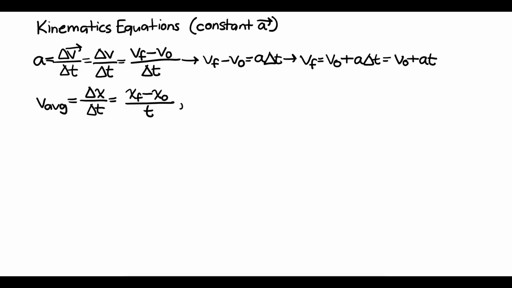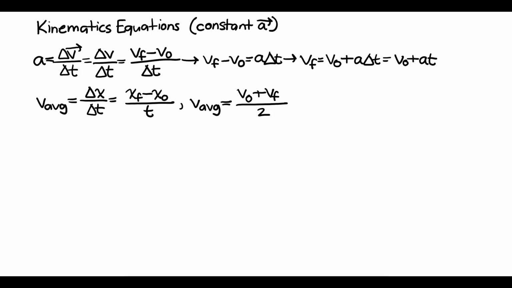Now, because the acceleration is constant, we can also write the average velocity as just v naught plus vf over 2. Because the acceleration is constant, the velocity is just a straight line, and that allows you to just come up with this expression rather than any other expression.